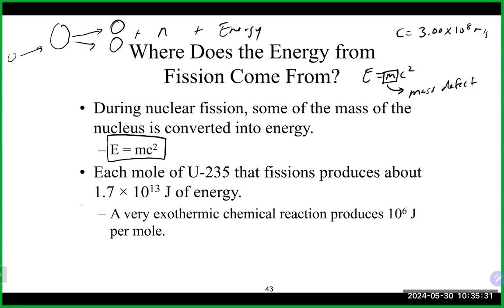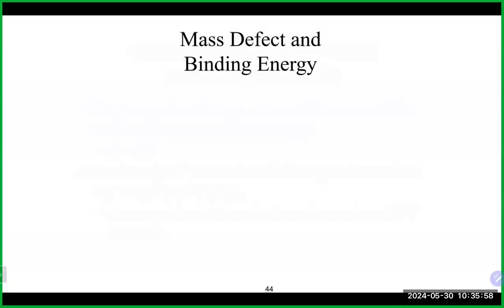As you can see here, you get about 10 to the 13 joules of energy in a fission reaction versus a really exothermic chemical reaction of 10 to the 6. So a lot more energy is produced in these fission reactions, again because you're tackling the nucleus and changing those particles within the nucleus. So again, that's a big energy impact here.